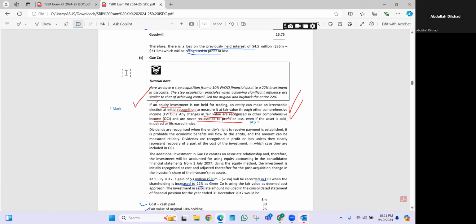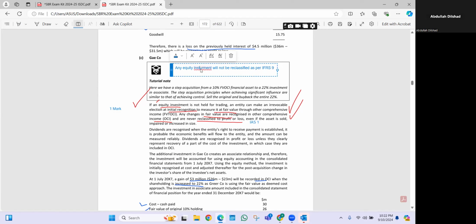Once it becomes realized, we will reclassify it to P&L. But any equity instrument will not be reclassified as per IFRS 9.